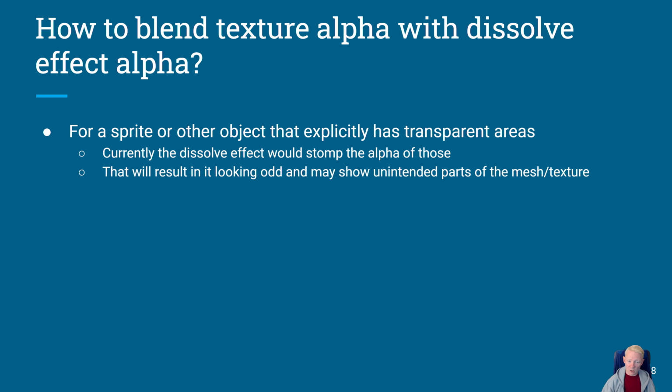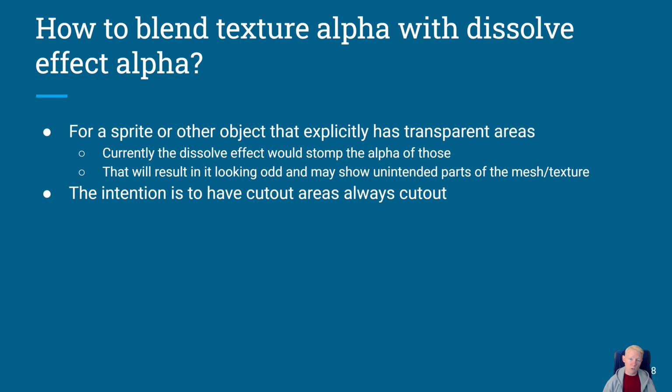Depending upon what color is applied in those alpha sections, you could get odd colors showing through that are unintended. It's going to look strange. So the intention that we want is that those areas that have cutouts are always cut out.